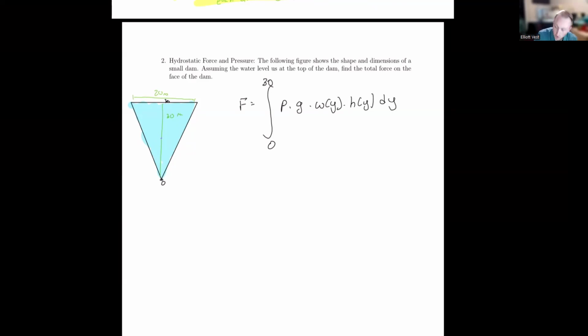Now, the way we find the width function is choose some y. That's going to be at some slice, right? The width of y is going to be this length here at that point. Now, that looks kind of tough to find because we don't really have just a formula. Maybe if we found out what the slope of this was and the slope of this was, we could figure that out.